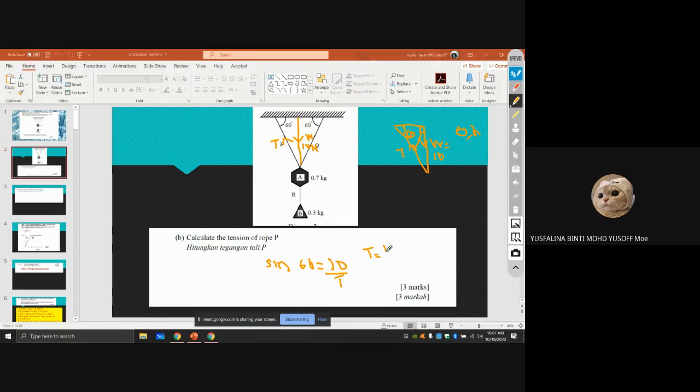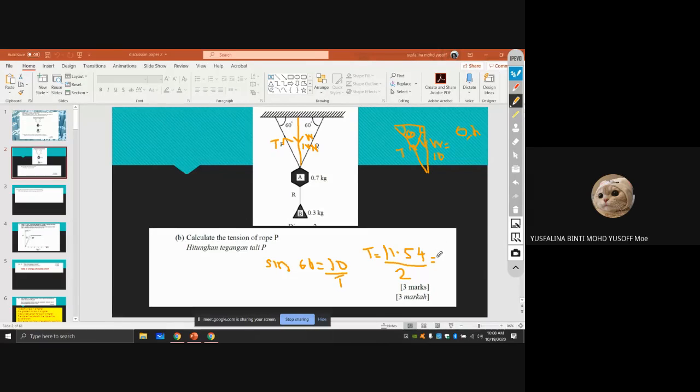11.54. But you have to remember that actually this is 2T, because you can see there are two tensions here, P and Q, and the rope is balanced by these two tensions. So after that you have to divide by 2, because there is only one T here.